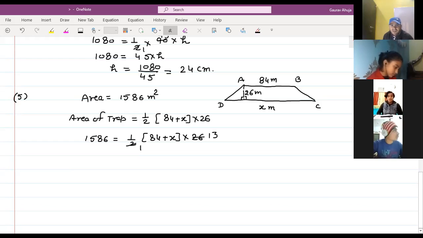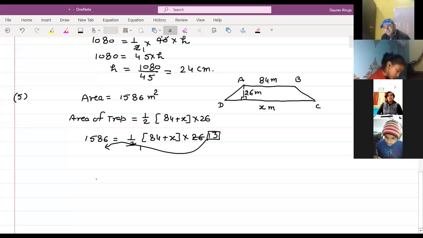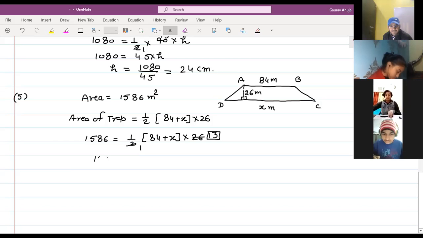Now this 13, I am again not going to multiply inside the bracket. This is in the numerator part. I will shift this 13 to the denominator part, and the calculation will become easy. So 1586 upon 13 is equal to 84 plus x.